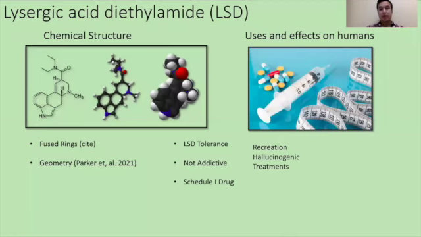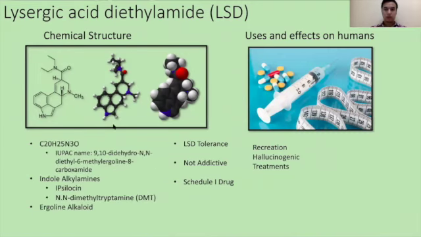Now we're going to talk about the chemical structure of lysergic acid diethylamide, LSD. The molecular formula of LSD is C20H25N3O. This means that LSD has 20 carbons, 25 hydrogens, 3 nitrogens, and 1 oxygen.